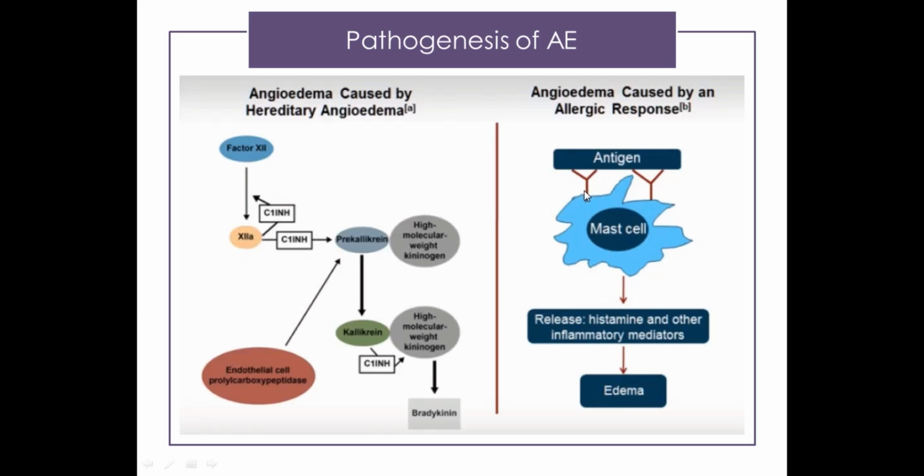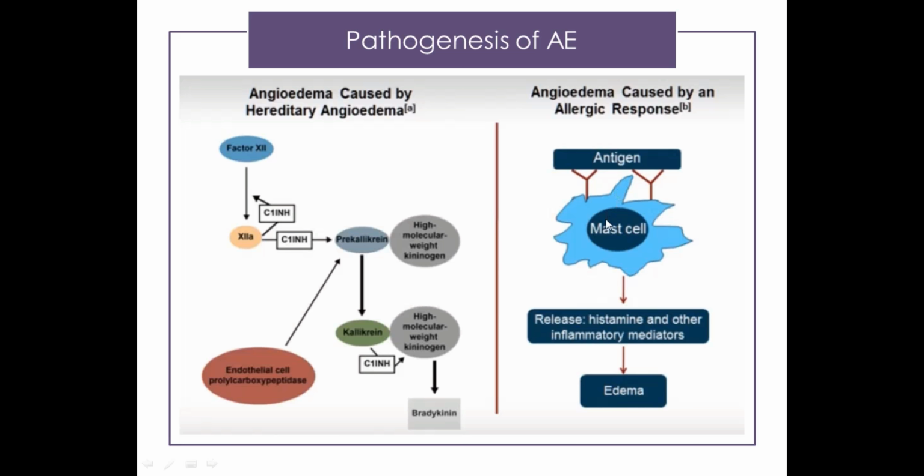So this kind of antibody will bind to the mast cell on its receptor, which is the Fc epsilon RI receptor. This is the name of the receptor. So now the antibody is attached to the mast cell on its receptor. The antigen, the next time, will come and bind to that antibody.